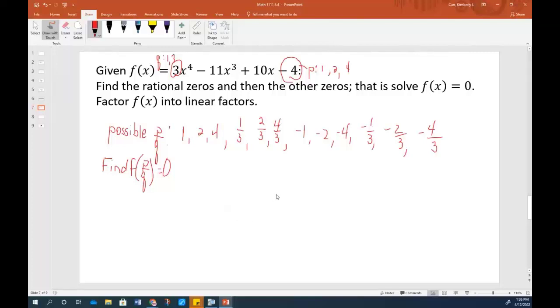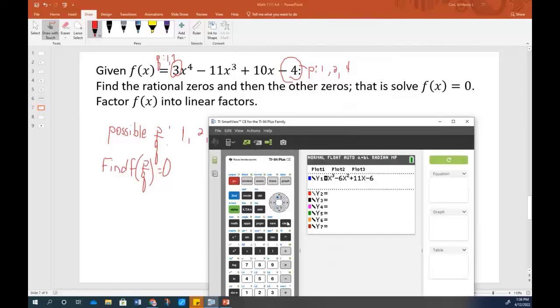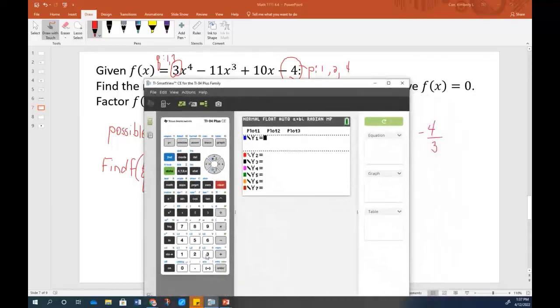The fastest way to do that is certainly to use the table of values on the calculator. I want to go to y equals and type in this polynomial I was given: 3x to the 4th minus 11x cubed plus 10x minus 4. And then I'm going to go to my table of values.